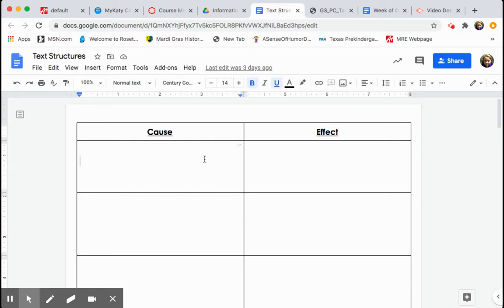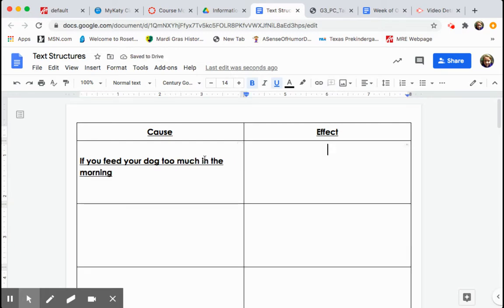So, for example, if I'm talking about taking care of dogs, or just teaching you about dogs, I could say something like, if you feed your dog too much in the morning, then you might have an accident when you get home from school.